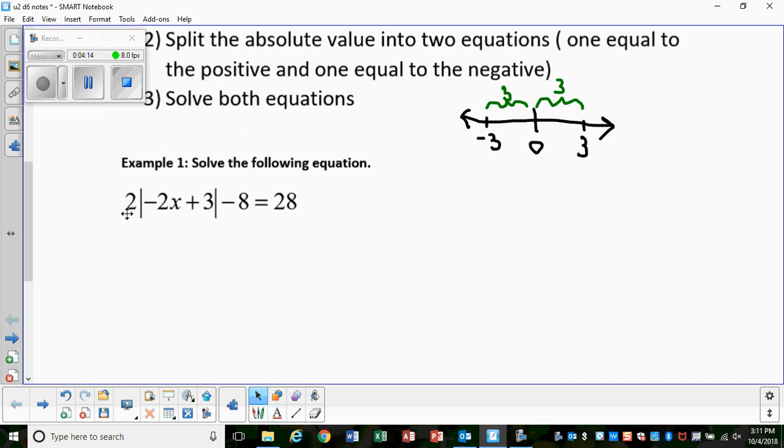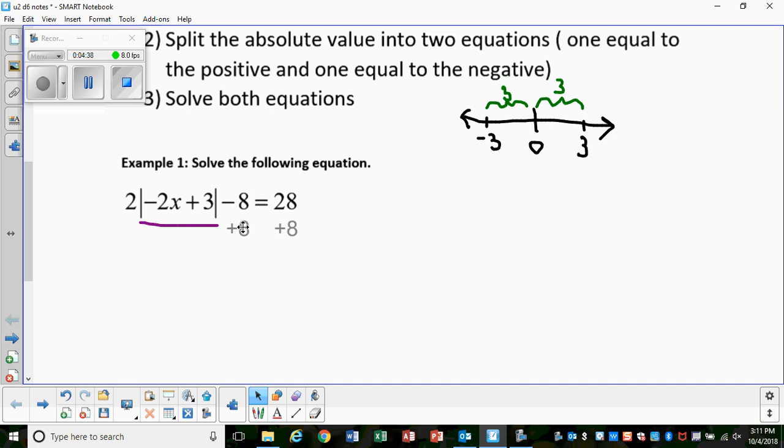Now all the stuff around it, like this 2 and this minus 8, we can get rid of. We're trying to isolate this absolute value, so we need to get all this other stuff out of the way. We're still following SADMEP. We're going to undo what's added to it or subtracted from it first, before we touch what's being multiplied with it.